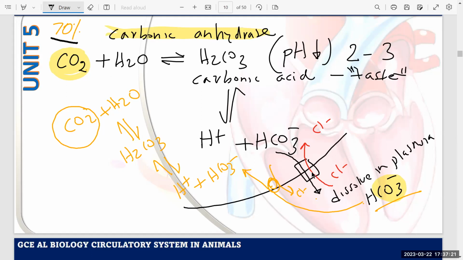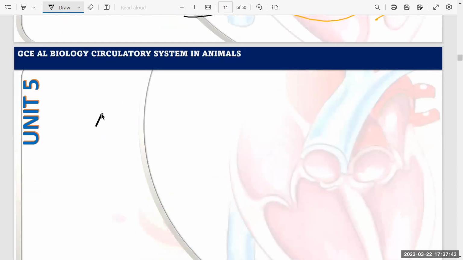Because if the bicarbonate ion does not move out of the cell and stays inside, the reaction slows down, because if too much product forms, it can inhibit the rate of the reaction. For example, if A plus B makes C, and this is a forward reaction, what will happen?